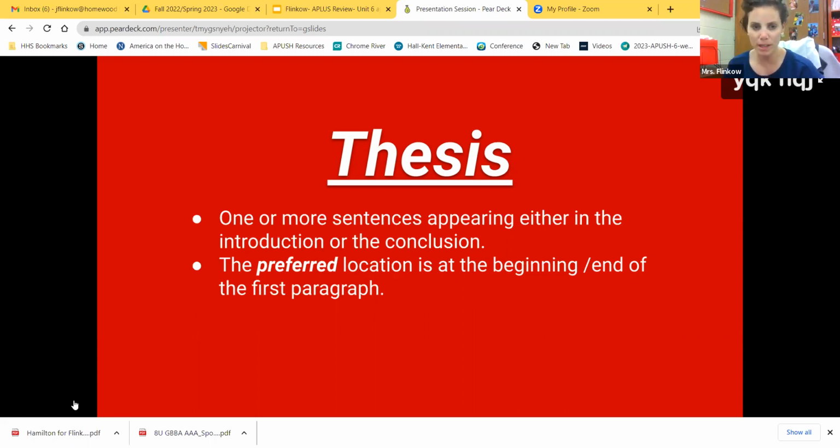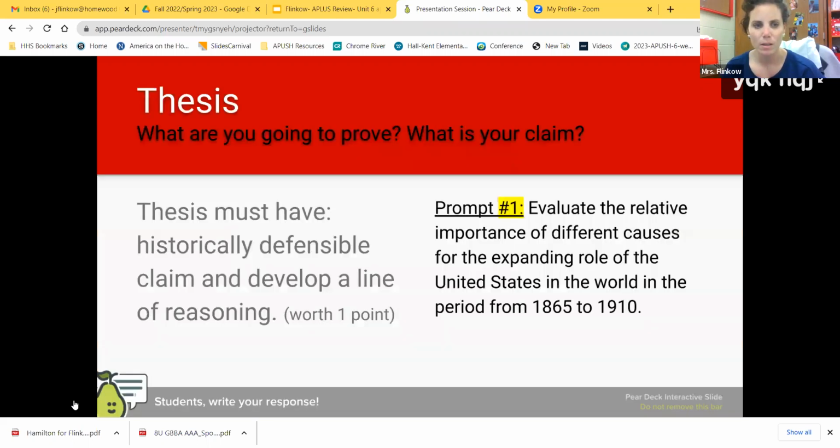If you want to put it at the end again, just to reinforce it, you can, but it needs to be the end of your first paragraph. You do not want the reader guessing what you're trying to argue throughout your essay. You want it to be very clear for them, okay?